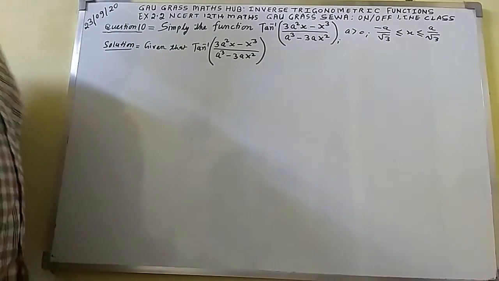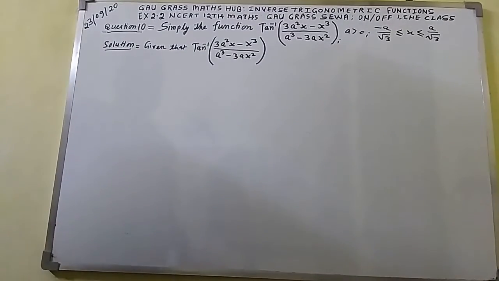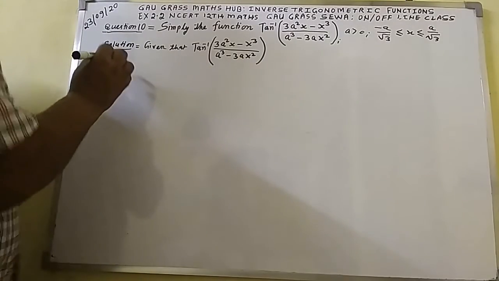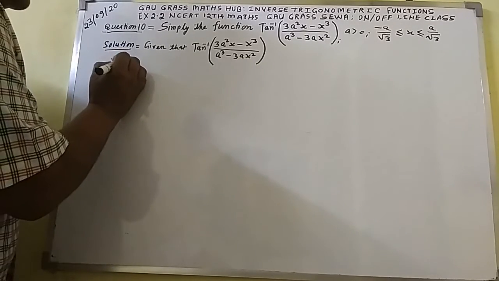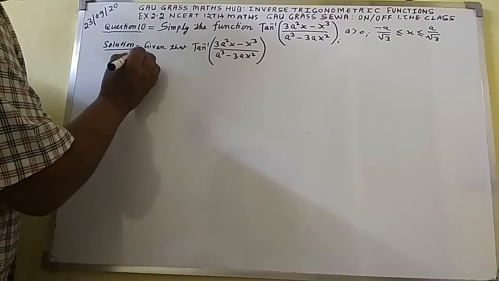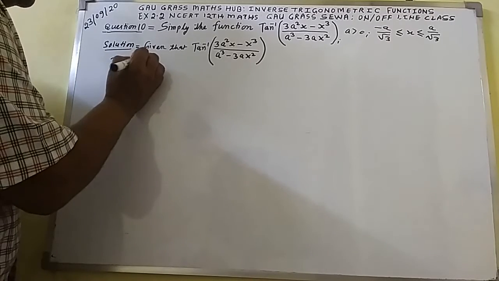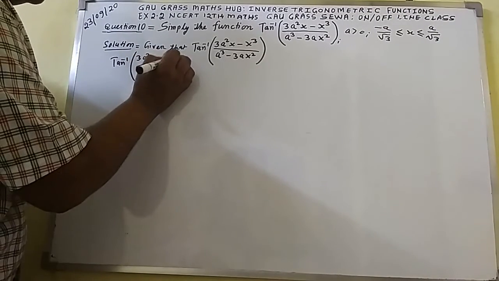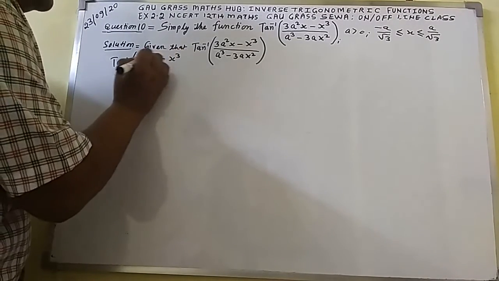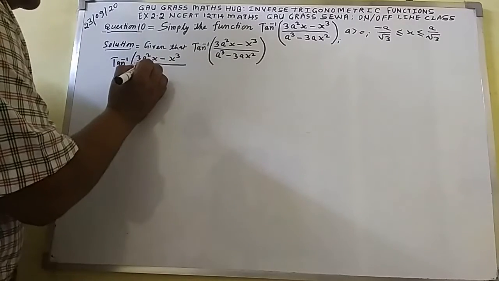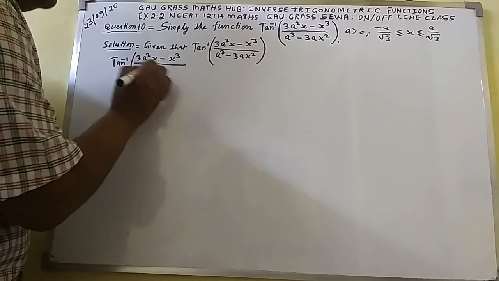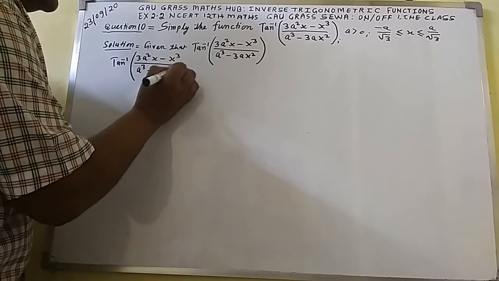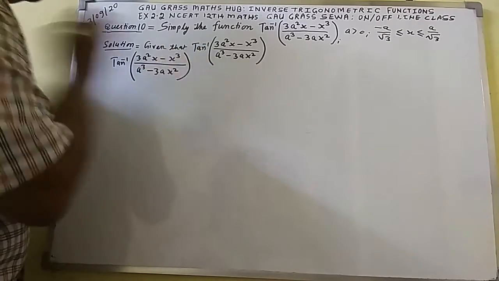This is the function which you have to simplify. So here I shall write tan inverse of (3a square x minus x cube) over (a cube minus 3a x square).